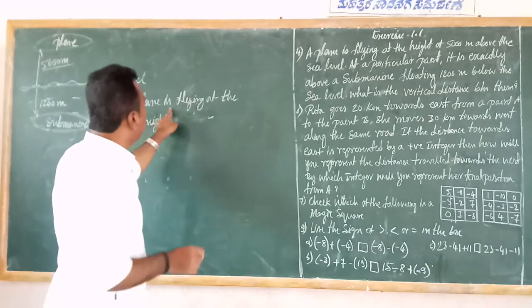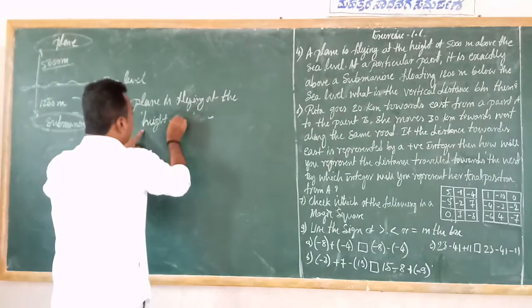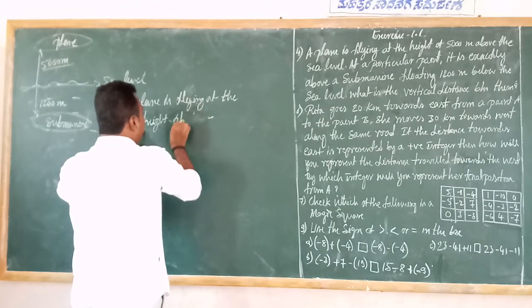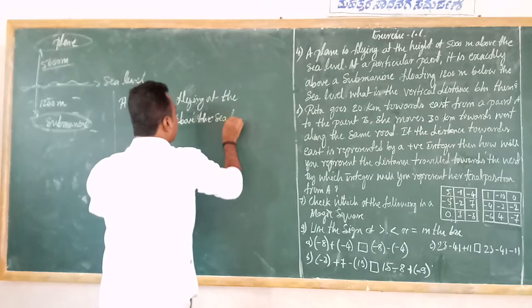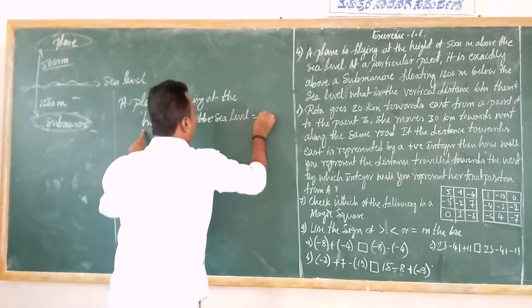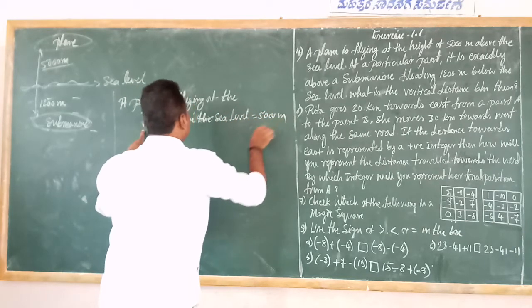The plane is flying at a height above the sea level. How much? Above the sea level is equal to 5000 meters.